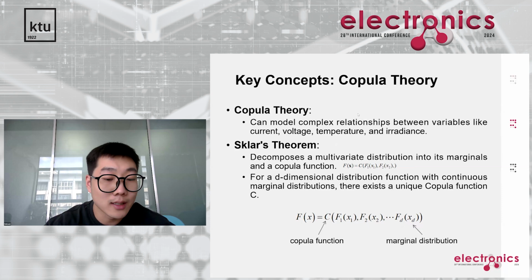This is important for PV data, which doesn't always follow normal distributions. Sklar's theorem is the key part of copula theory. It allows us to break down a multivariate distribution into its individual parts and a copula function that links them. This flexibility is important for our method.